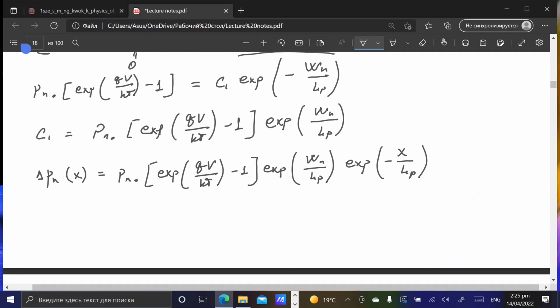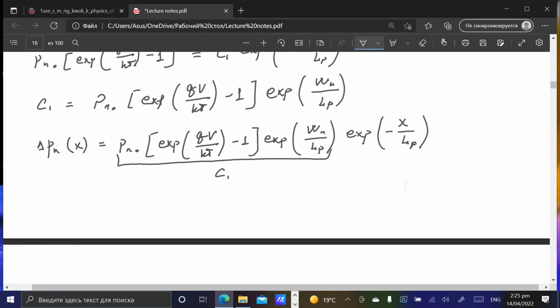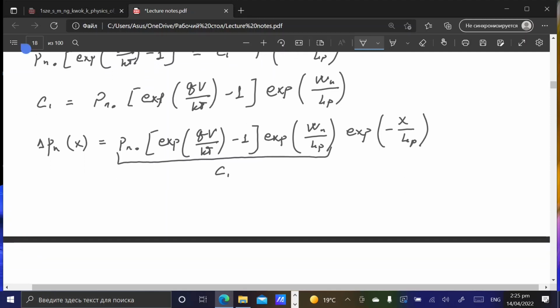So actually this guy is our C1 constant, which we determined. So we can rearrange it a bit.